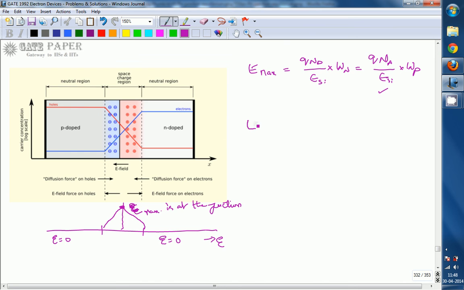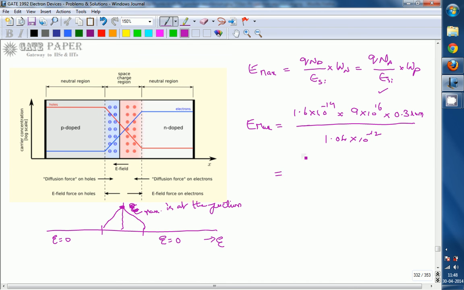So E maximum, the peak electric field, is equal to q, which is 1.6 into 10 power minus 19, into Na, which is 9 into 10 power 16, into Wp, which is 0.3 micrometers, divided by epsilon silicon, which was given as 1.04 into 10 power minus 12 farad per centimeter. All are in centimeters except this 0.3, so you must convert it into centimeters: 0.3 micrometers is 0.3 into 10 power minus 4 centimeters.